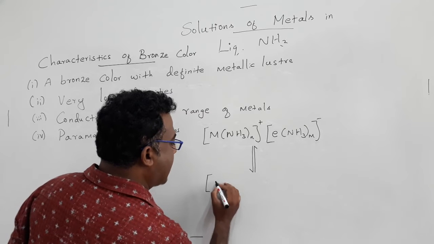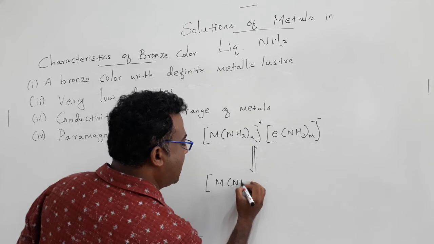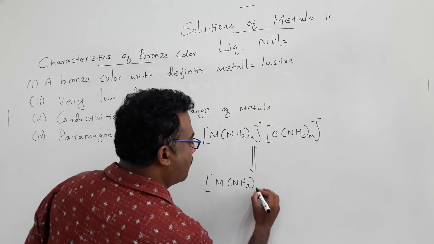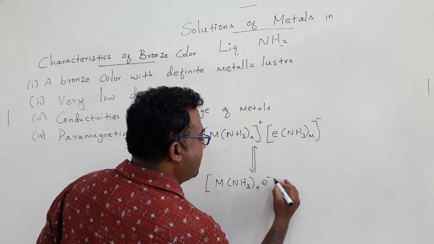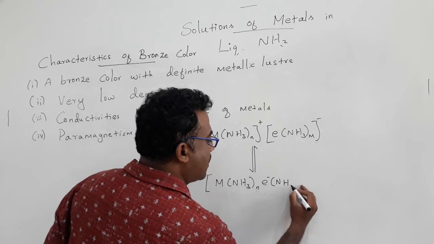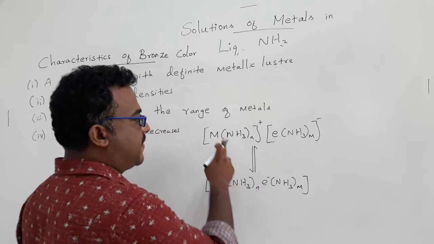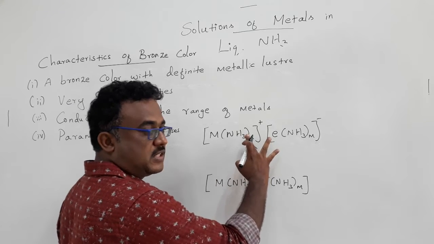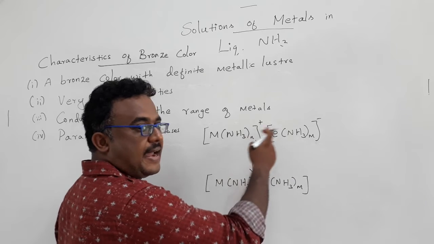It will form an ionic pair. What does ionic pair mean? Both metal and electrons will be in the same ammonia cage. These are actually two different species, one is cation and another one is anion, so it will behave like an electrolyte.